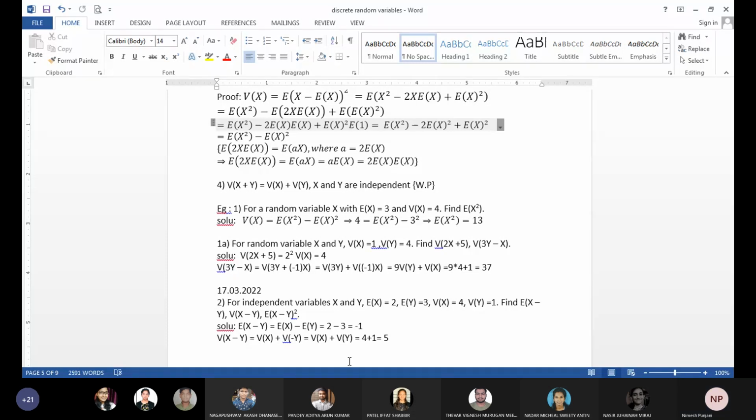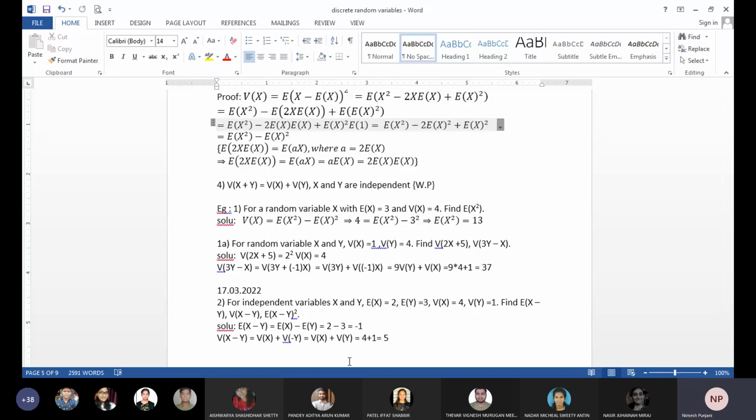सर वो माइनस का क्या होगा फिर? माइनस का वो प्रॉपर्टी है ना, वेरिएंस ऑफ ax. What is variance of ax? Yes, Aishwarya, tell what is variance of ax? ए स्क्वायर वी ऑफ एक्स. हाँ, तो यहाँ पे जो वेरिएंस ऑफ माइनस y है, तो उसमें a कितना है?